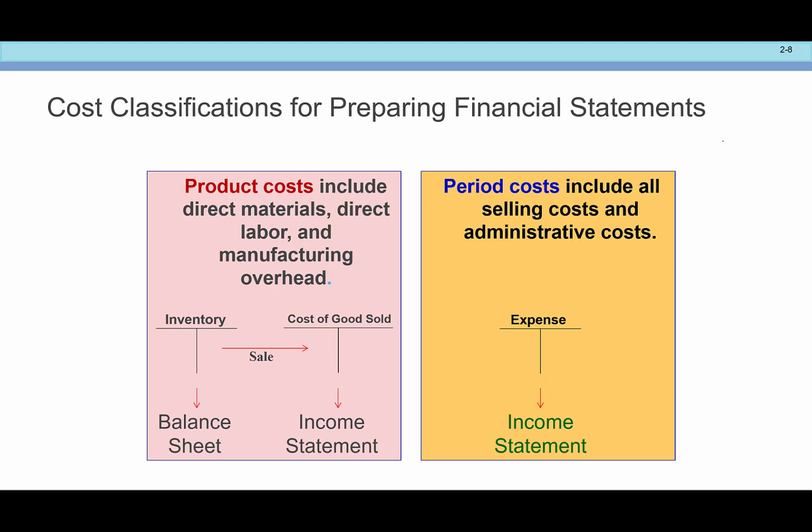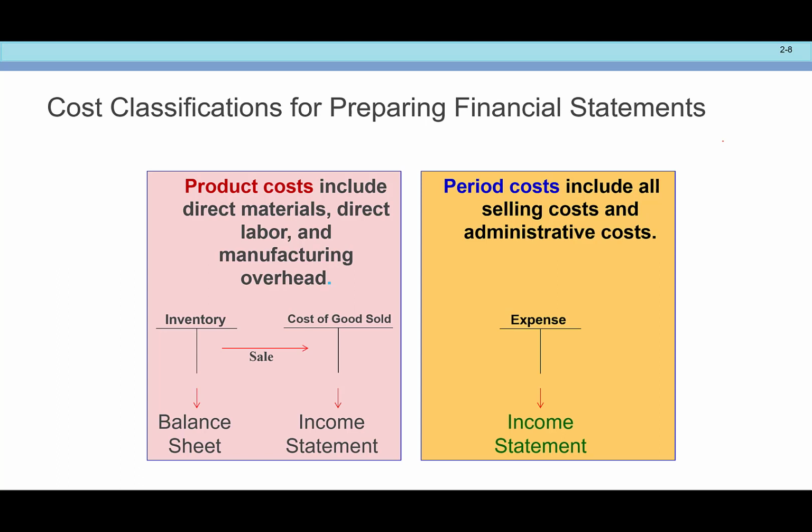And the reason is that there's a perfect matching between the commission that's paid in the period when you sell it. So for that one, even though it's a direct cost, you treat it as a period cost because you incur the commission when you sell the table, don't you? So it matches up very nicely against your sales that you generated from that, right?